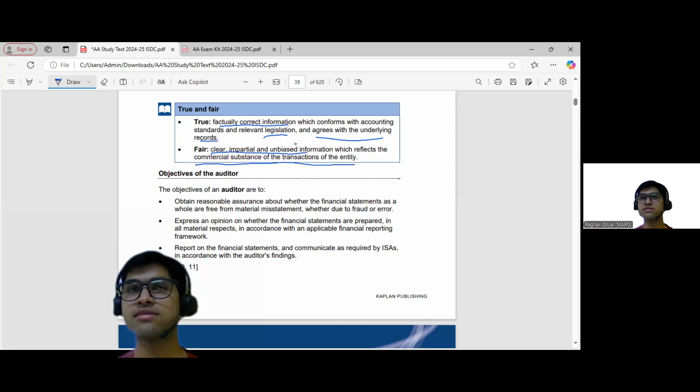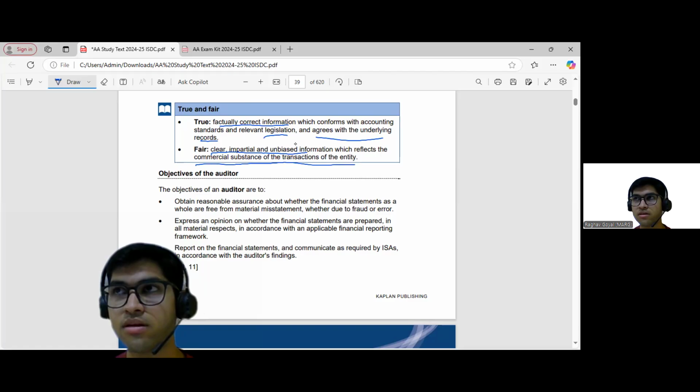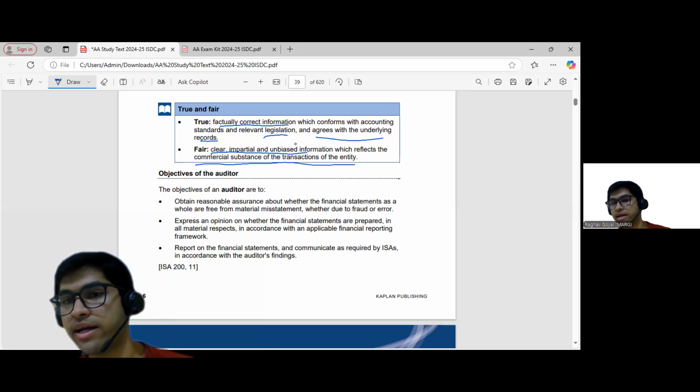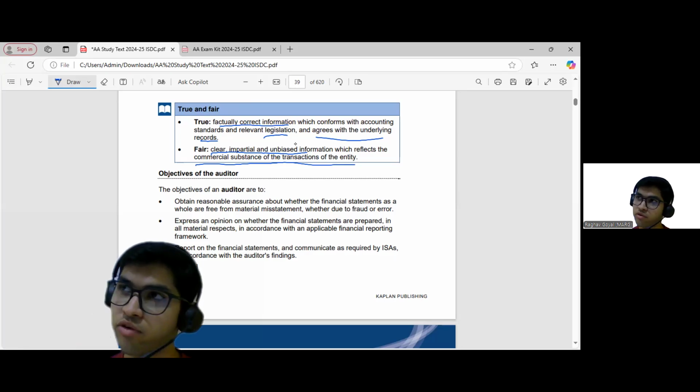Let's say, for example, there is a possibility that a certain transaction can be shown in a different way, but that different way would boost the entity's numbers and results. But that is not quite the right way. The right way would suppress the results a little.